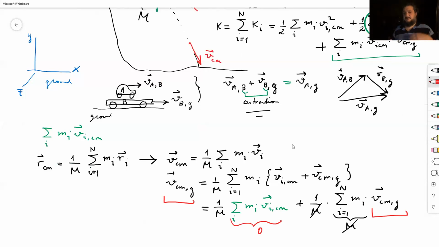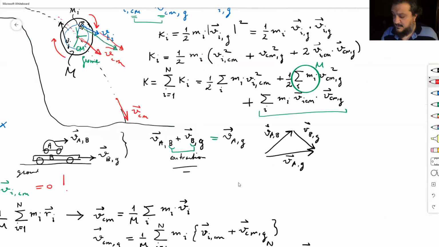All right, so the sum over velocities in this fashion, by definition, has to be 0. Otherwise, it won't be the center of mass frame. So this is 0. Okay, the third term is 0.